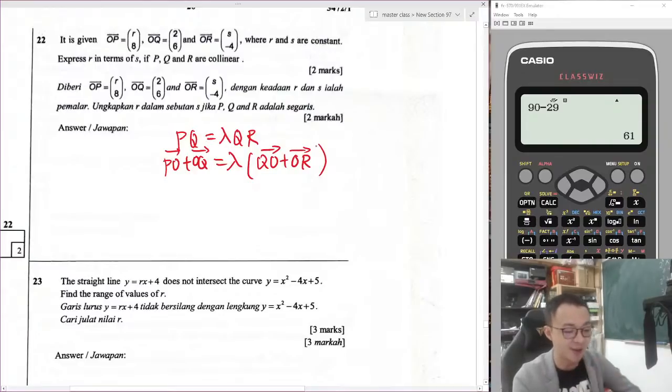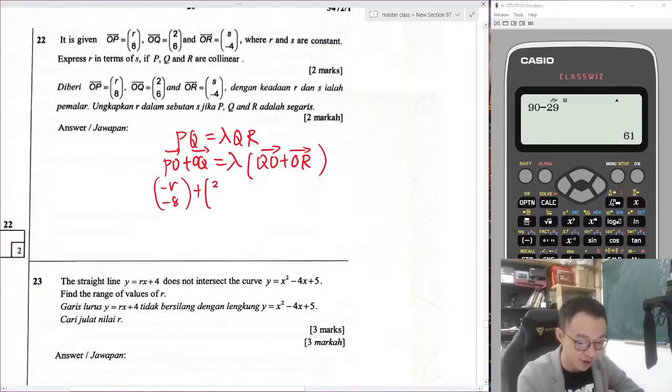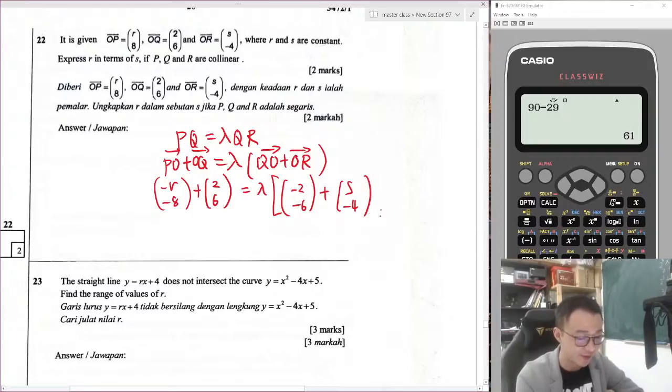Then I will just sub in the formula here. PO is negative r, negative 8. This is 2, 6 equals to lambda times negative 2, negative 6 plus s, negative 4. Express r in terms of s.